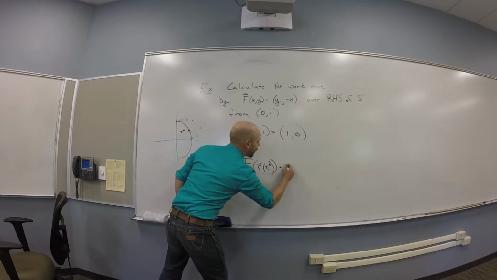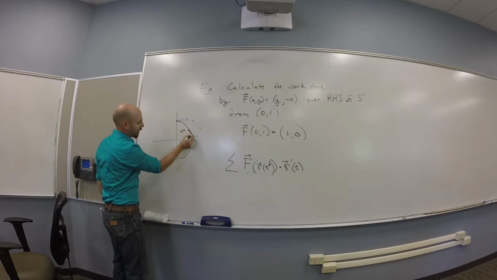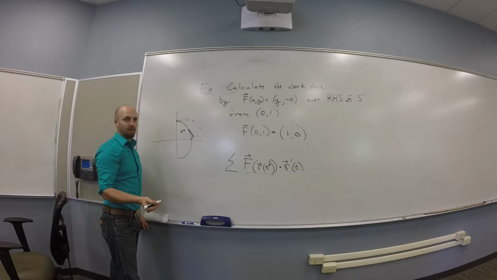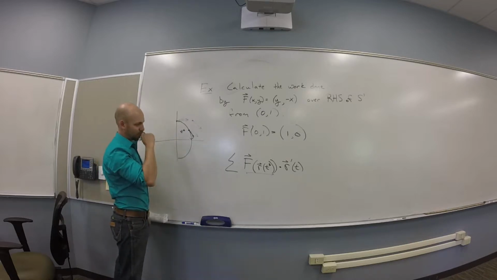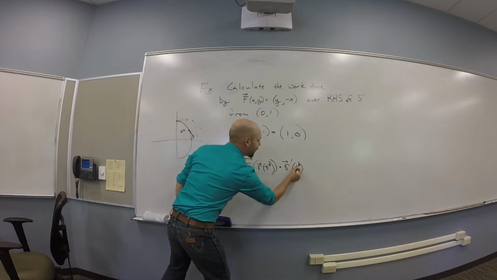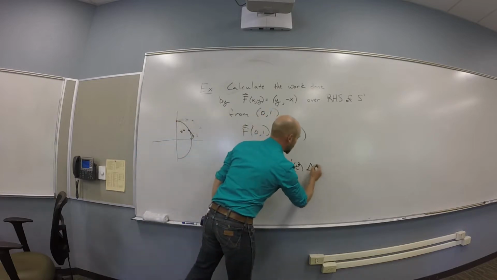I should be dotting that with r prime of t, which is going to look like this. And what's that dot product going to tell me? How much they agree. And then, ooh, I need a t star there, right? You guys see that? Kind of with me? And then I think I need a delta t in here.